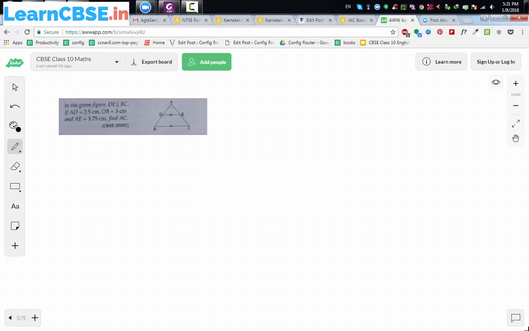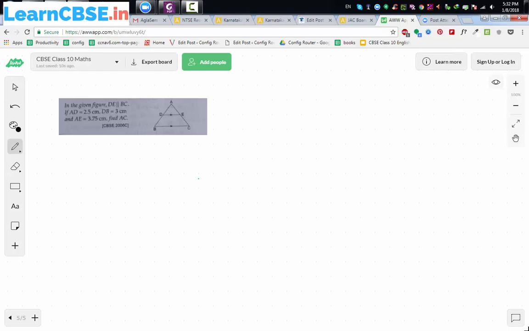It's given that DE is parallel to BC. The length of AD is 2.5 centimeter, DB is 3 centimeter, and AE is 3.75 centimeter. We need to figure out the length of AC.